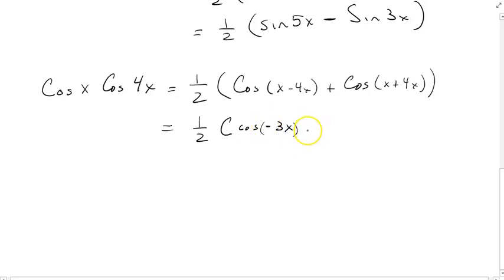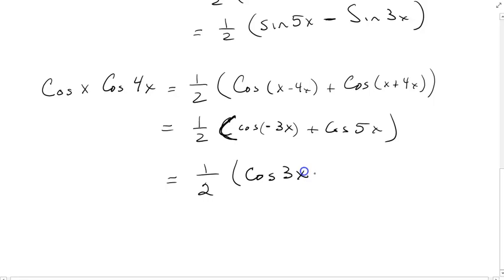Cosine of negative 3x, okay, cosine is an even function. So what does that mean? Because cosine is an even function, that's my answer. Cosine of negative 3x is exactly the same as cosine of 3x.